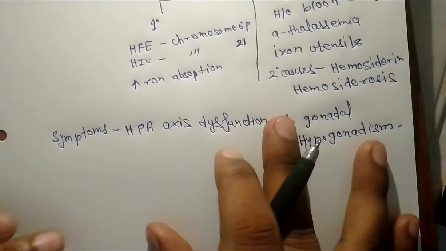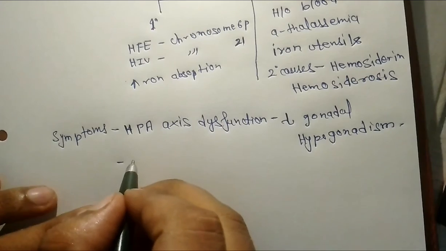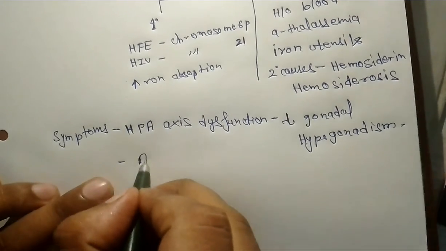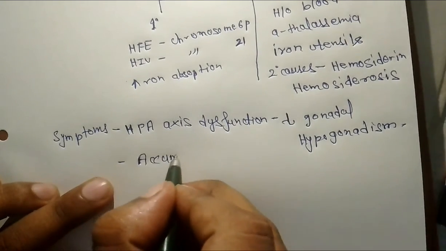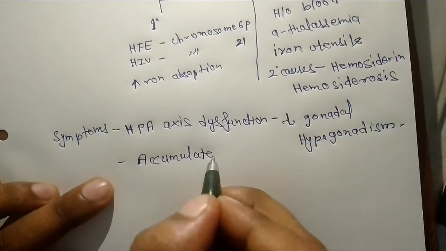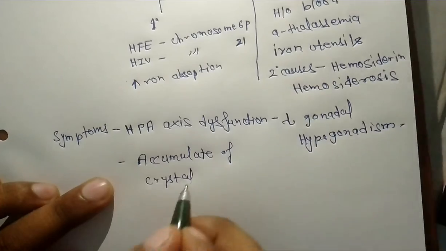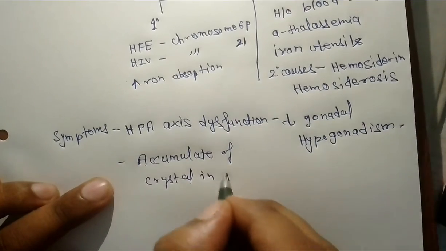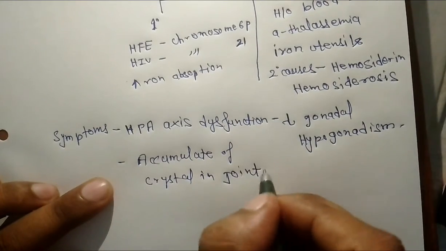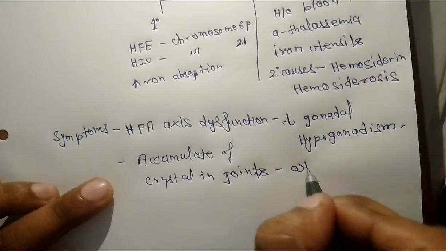Another one is the accumulation of crystals in joints, that causes arthropathy.